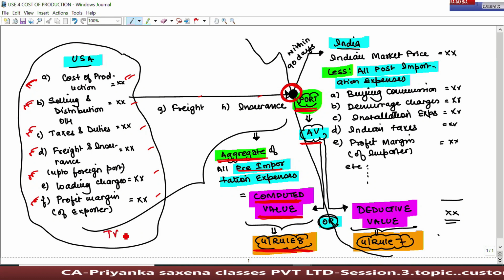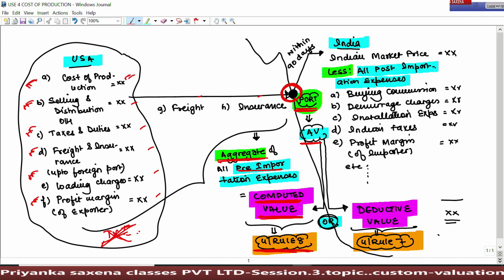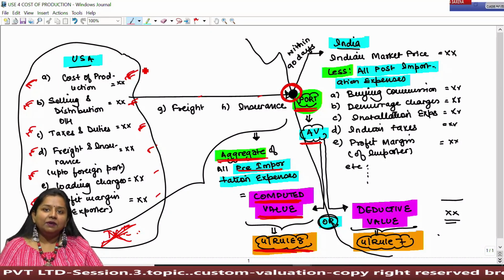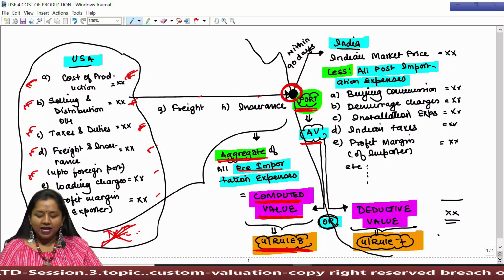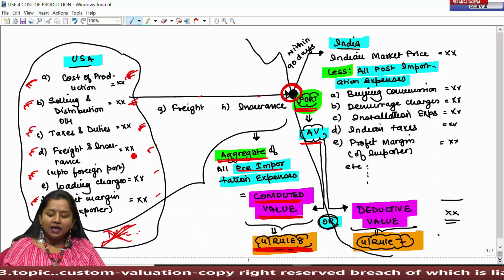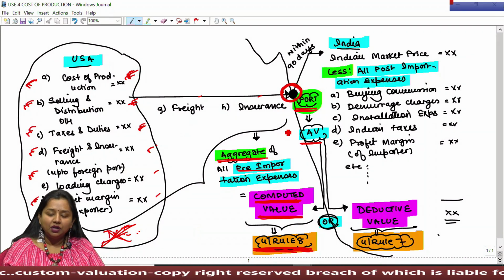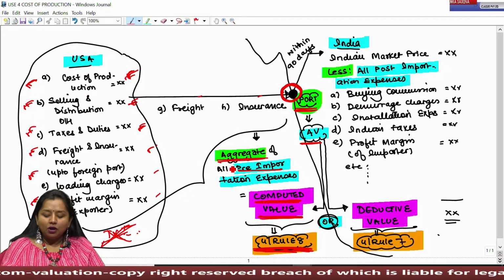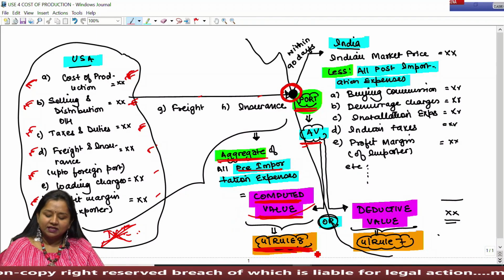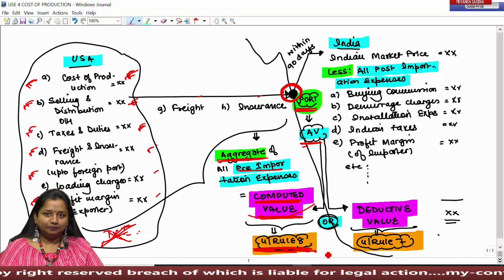Now, the transaction value, the invoice price, shall not be considered, rather we have to consider each and every individual expense incurred by the exporter on exporting the goods, and if all such expenses are given by the exporter to the importer, then Rule 8 says that you can consider all these expenses and take up all expenses incurred up to the Indian port. The aggregate of all of them, all pre-importation expenses, is known as computed value, which shall be taken as your assessable value under Rule 8.